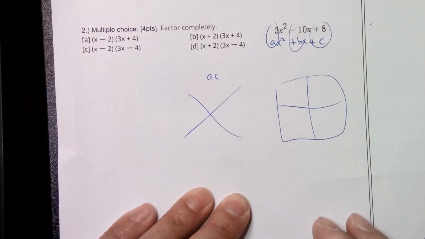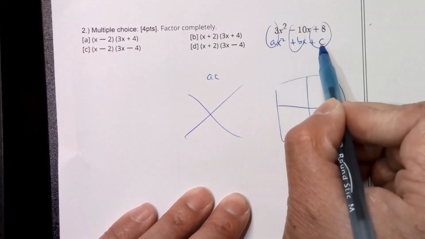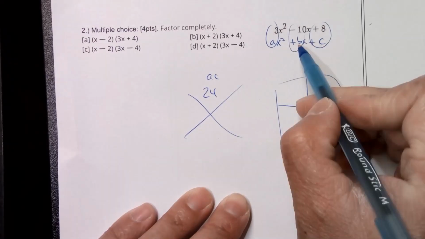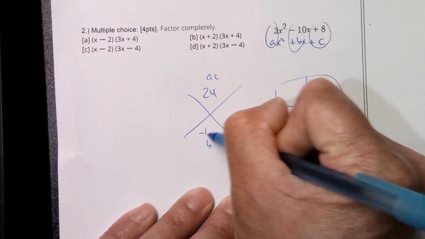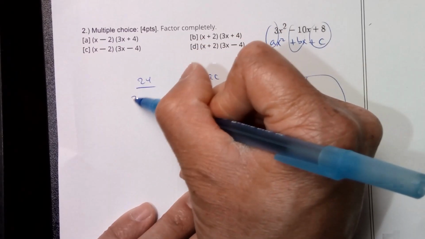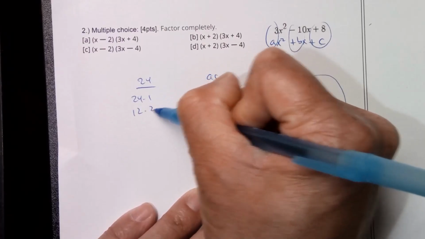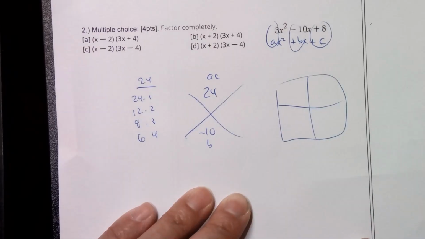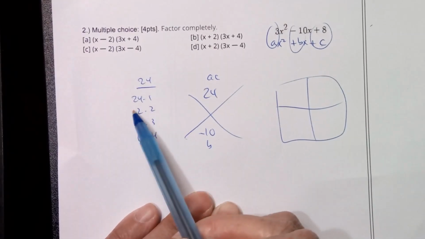So A times C, that'll be 3 times 8, which is 24, and my B value is negative 10. Let's list all the factoring pairs for 24. And then that way you can kind of see if those will add up to 10.